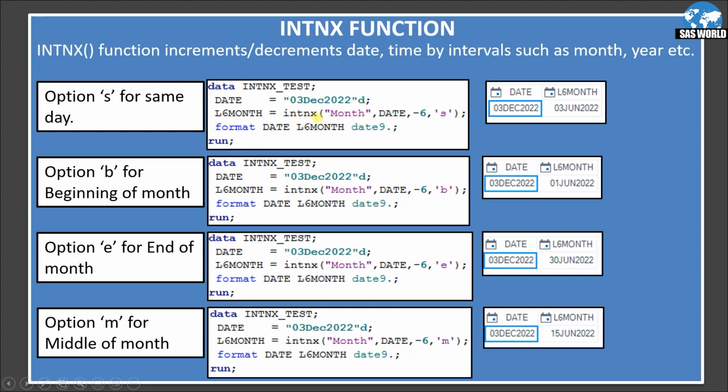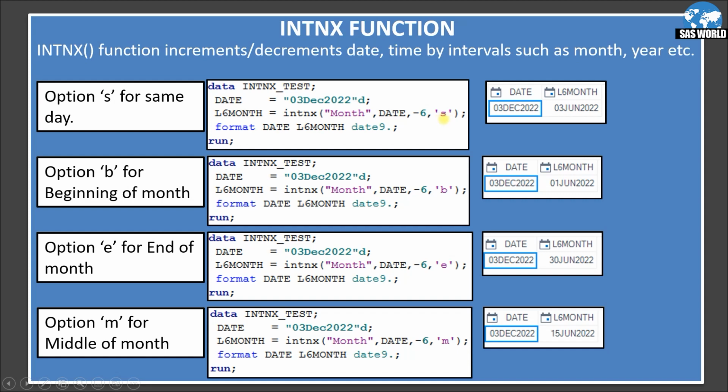Okay, in this function what we are doing, I'm giving a time interval as month because I want to get 6 months before the date. So month and then date, from this date means 3rd December 2022, I want to go 6 months back. And then I'm giving -6. -6 means 6 months back. If I give only 6 without minus, that means I am going 6 months in future. And then I'm giving letter S. That means the same day.